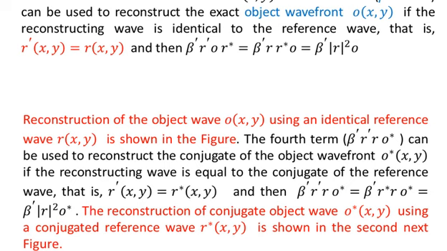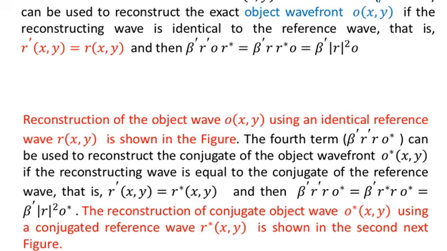This happens if the reconstructing wave is equal to the conjugate of the reference wave, that is r prime is equal to r star. If you set r prime equal to r star, the complex conjugate of the reference beam used in recording the hologram, then you place this value over there, so beta prime r into O star becomes beta prime r star into r into O star.